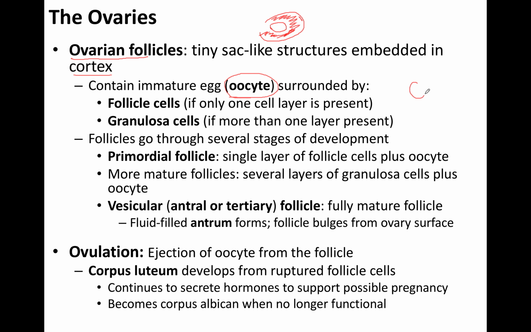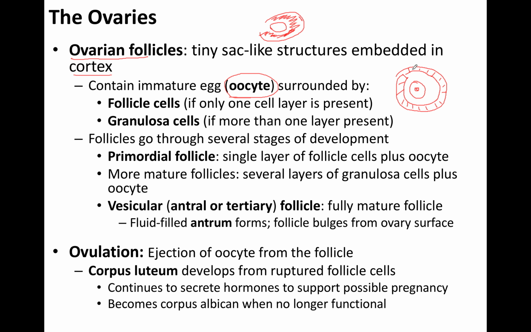So basically, you're going to have an egg like that, an immature cell. And around it, you're going to have a layer of cells. Those are the follicle cells. So together, the oocyte plus the follicle cells create the ovarian follicle.